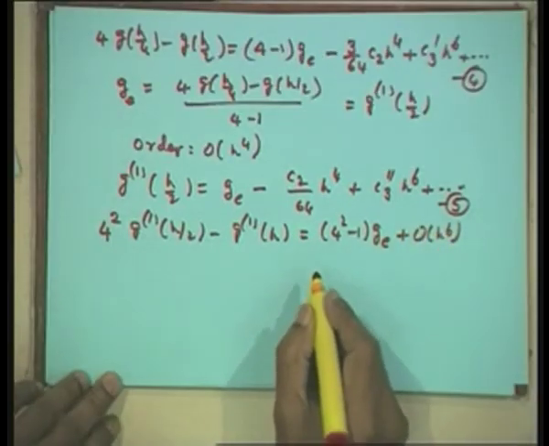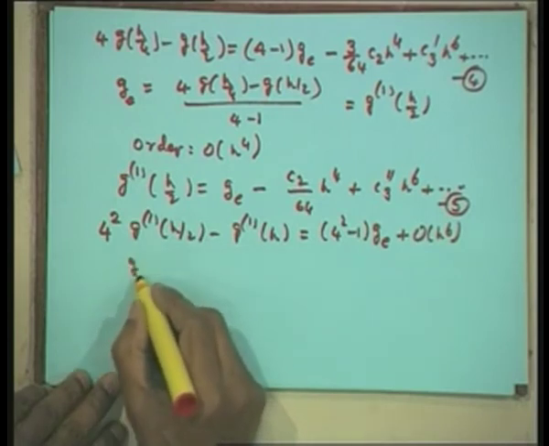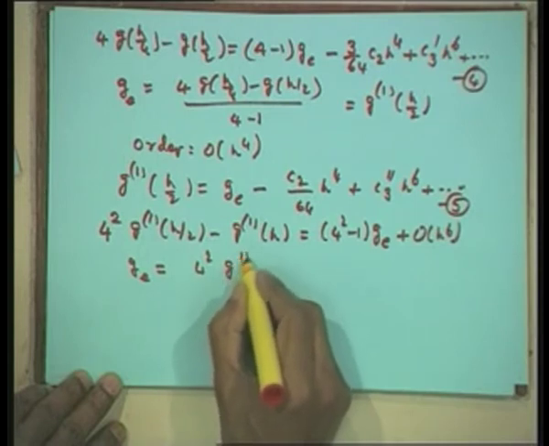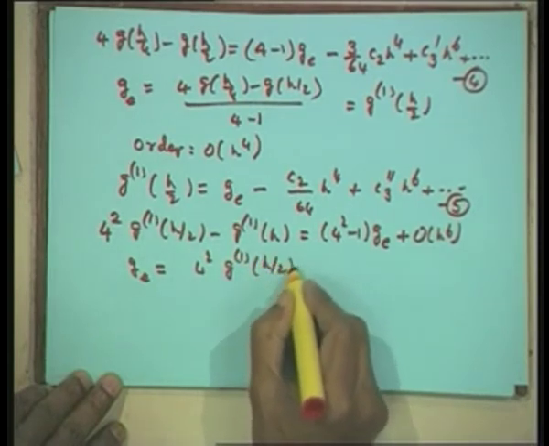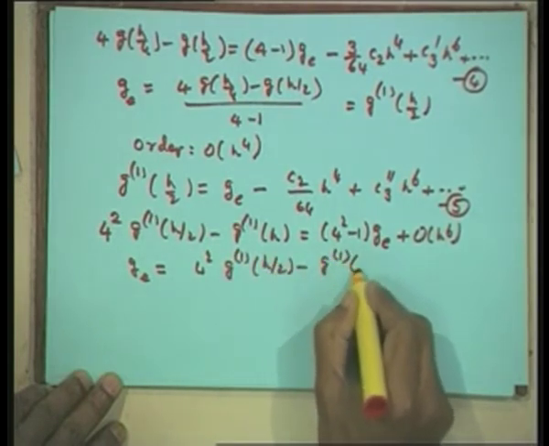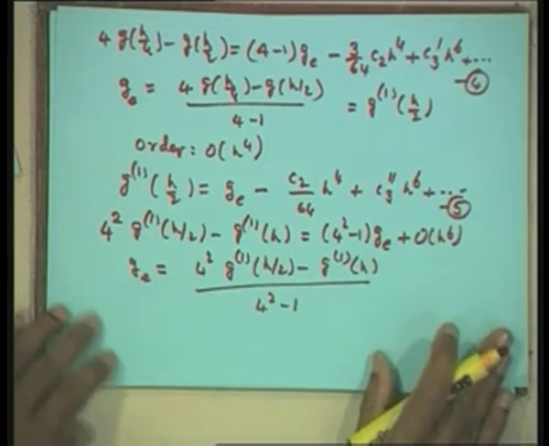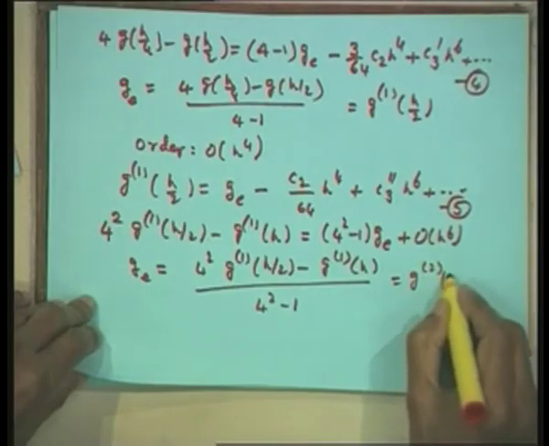Now, I solve for G(E) from here. Therefore, I will get here G(E) is equal to 4 square G1(h/2) minus G1(h) divided by 4 square minus 1. This we can write as G2(h).